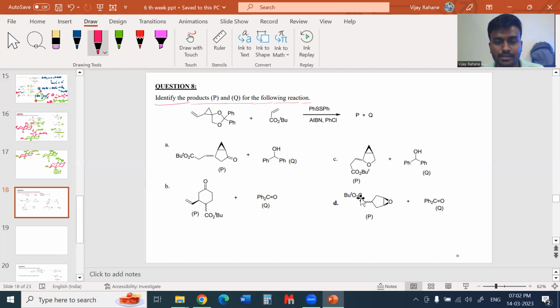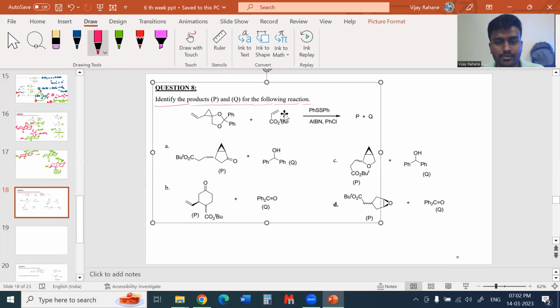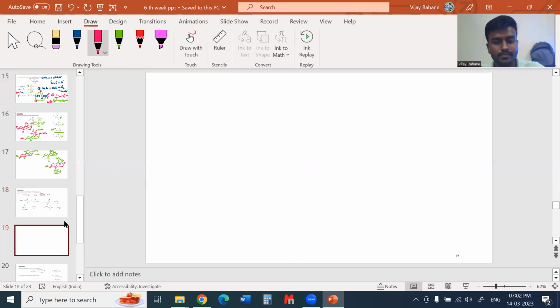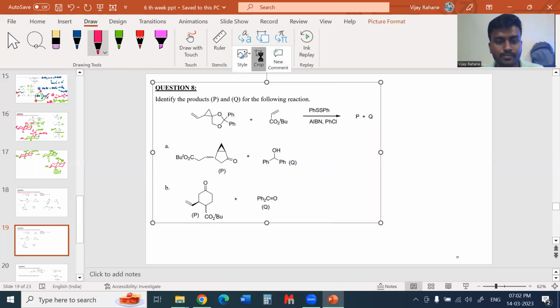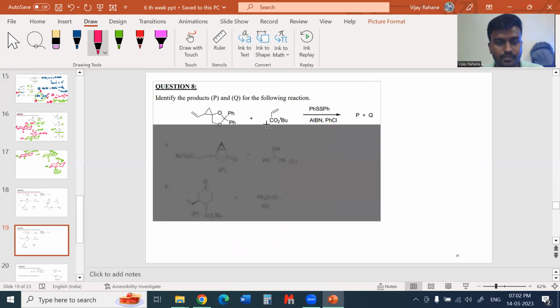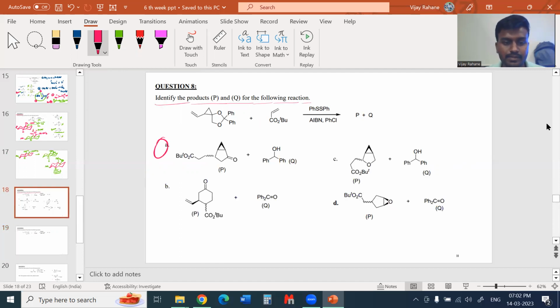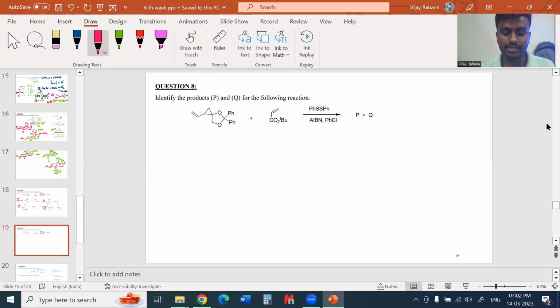So this is the reaction. We'll go through a step-by-step mechanism and then come to which option is correct among A, B, C, D. They are again the four options. So we need to eliminate options one by one and get to the correct option.